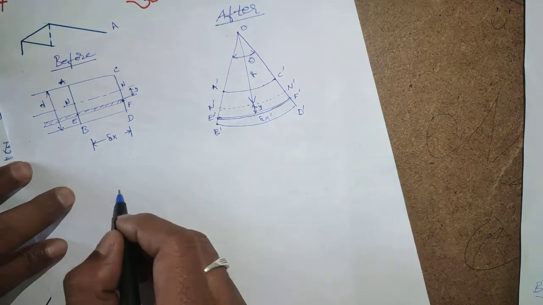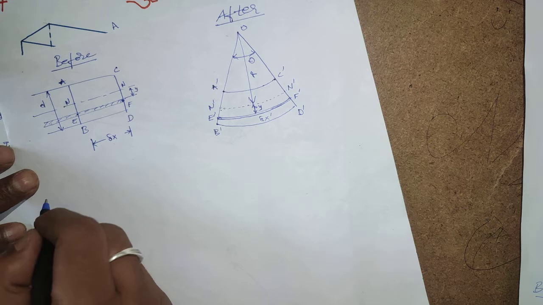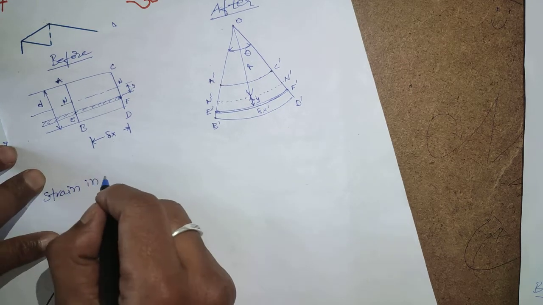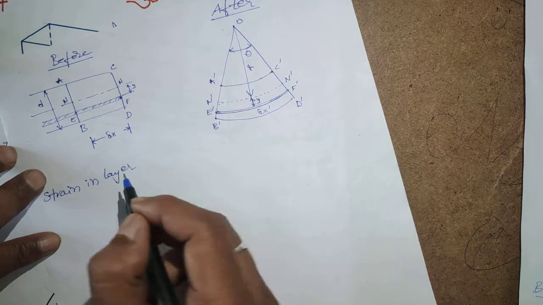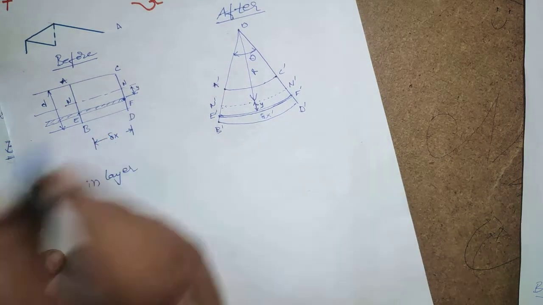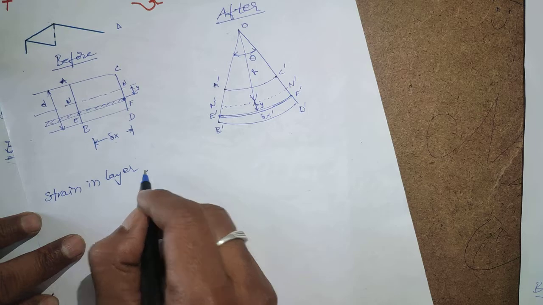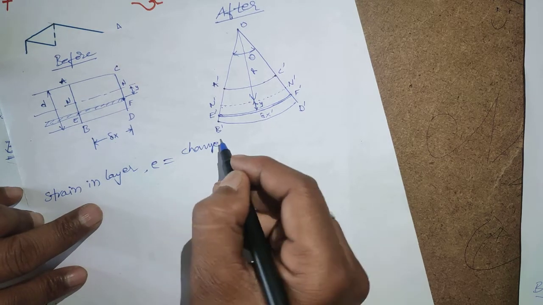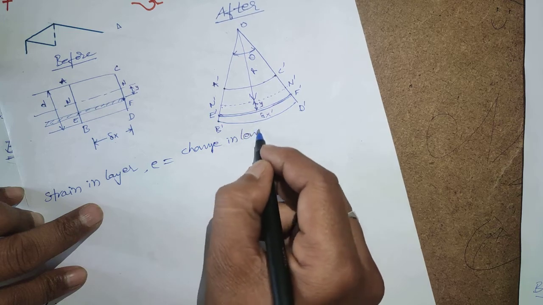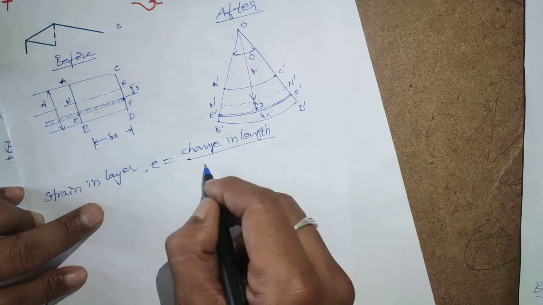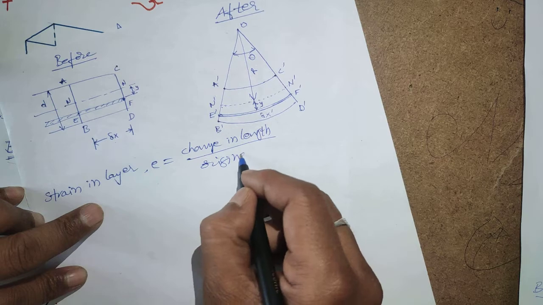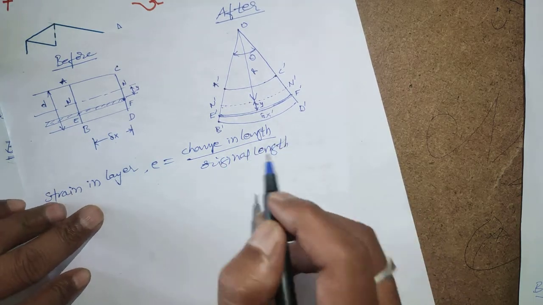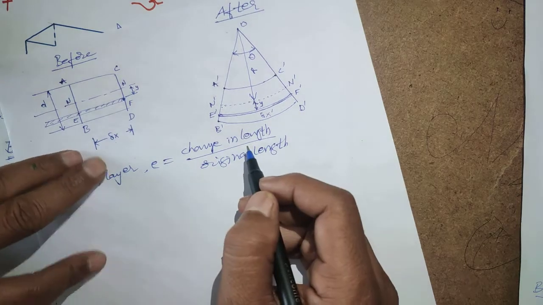Okay. Now what is the strain in the layer? Strain in the layer means our differential layer. That is, E is equivalent to change in length divided by original length. What is the change in length?